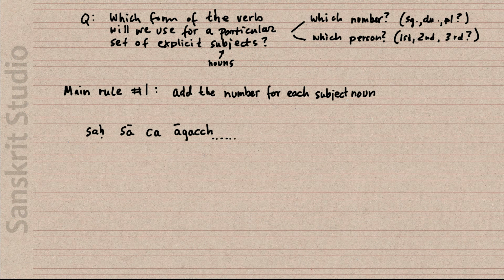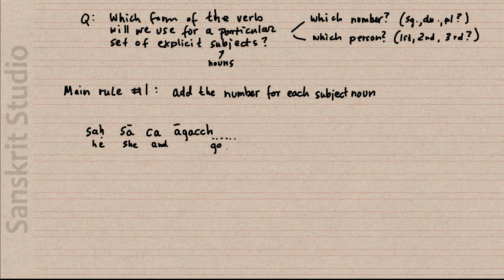Obviously we have a cha here, which means that we're saying "he and she", and so they are going.